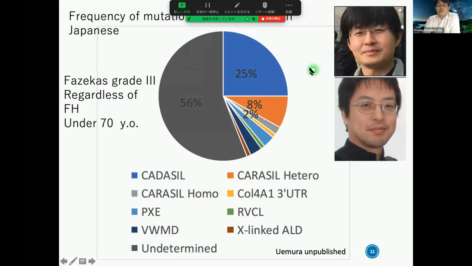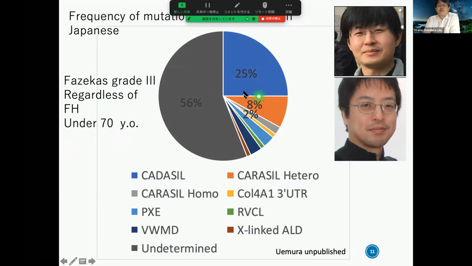This is a result from the Japanese population. We collected DNA samples from Japanese individuals who have severe leukoaraiosis, regardless of family history, and onset before 50 years old.